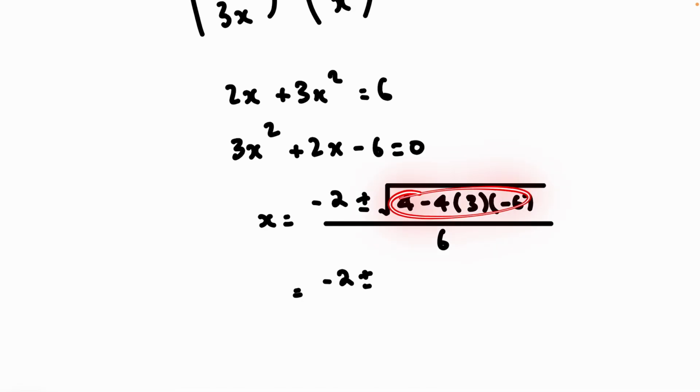Let's work out the inside: 4 minus 4 times 3 is 12, times 6 is 72. So this becomes 4 plus 72, which becomes 76, all over 6.